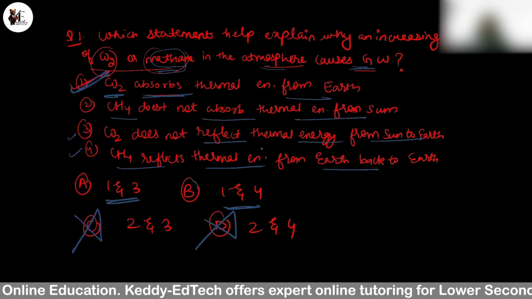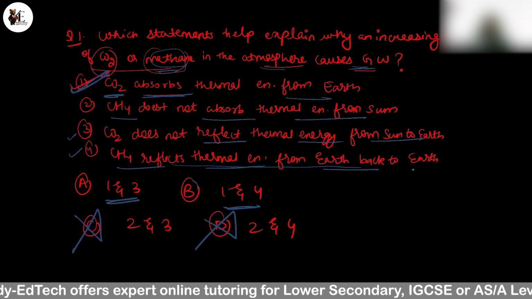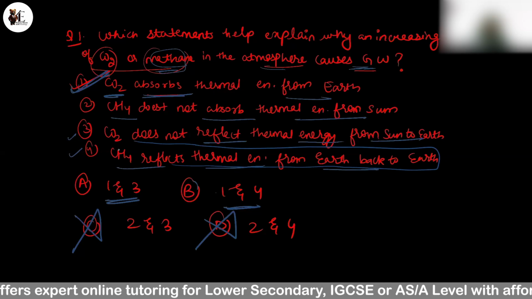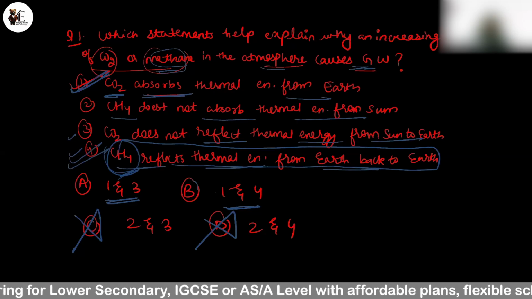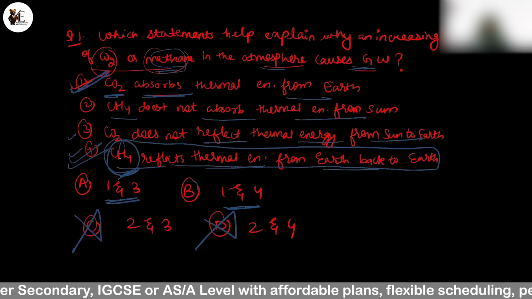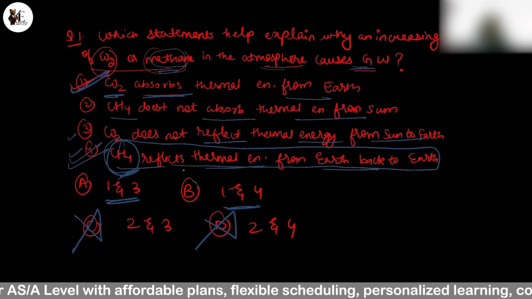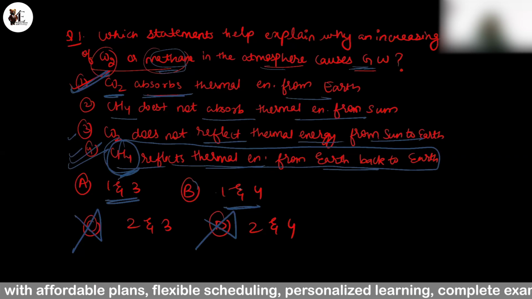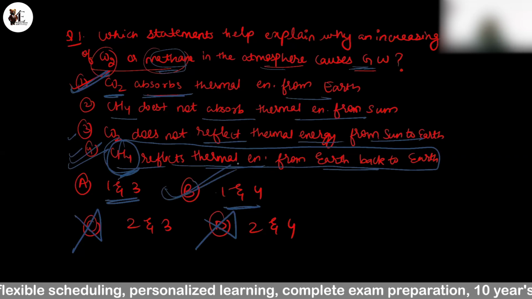That's why the temperature of the earth is increasing. Methane reflects thermal energy from earth back to earth. This statement is correct because methane is also a greenhouse gas and it absorbs and re-emits the thermal energy from the earth's surface, which contributes to global warming. So B is correct, 1 and 4.